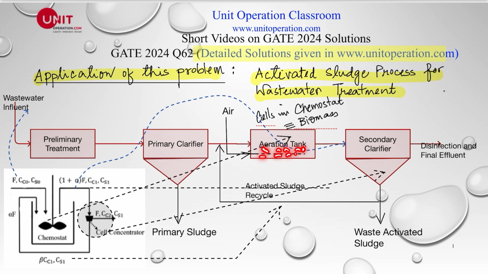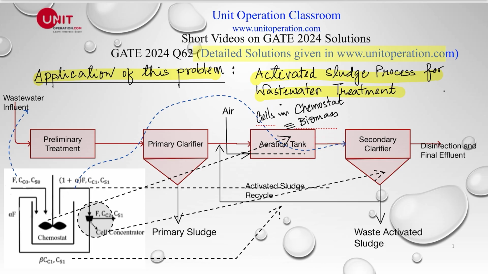So these are the microbes which take in the substrate, in this case the pollutants, and they degrade and consume them, and convert that into harmless products. So the cells in the chemostat are the same as the biomass in the aeration tank. And air is supplied, and there will be, of course, some amount of nutrients here for proper operation of the aeration tank.